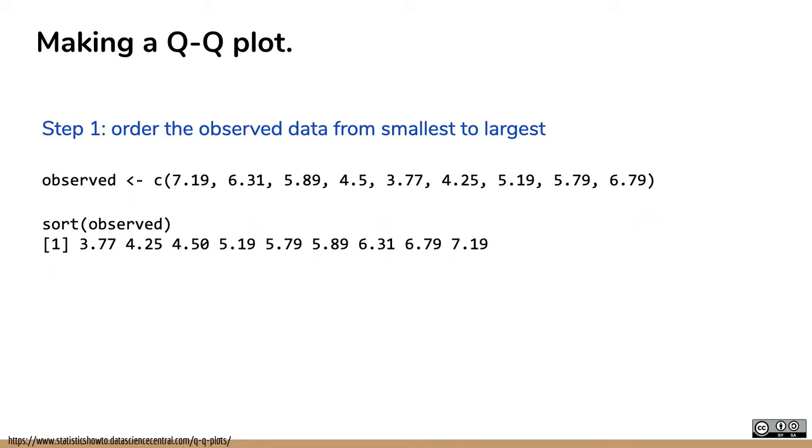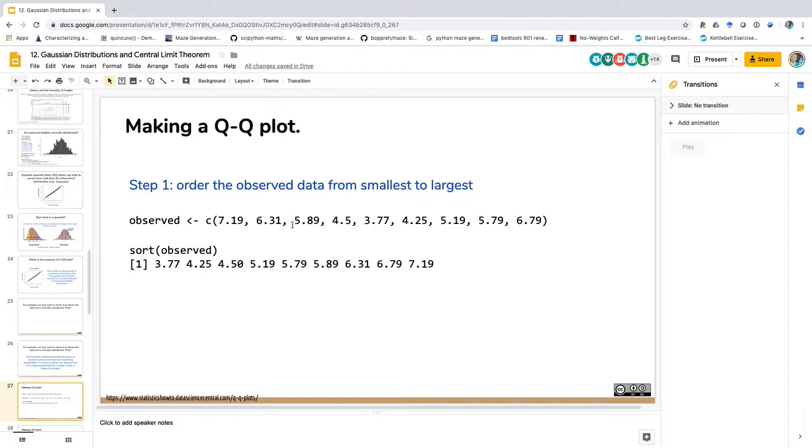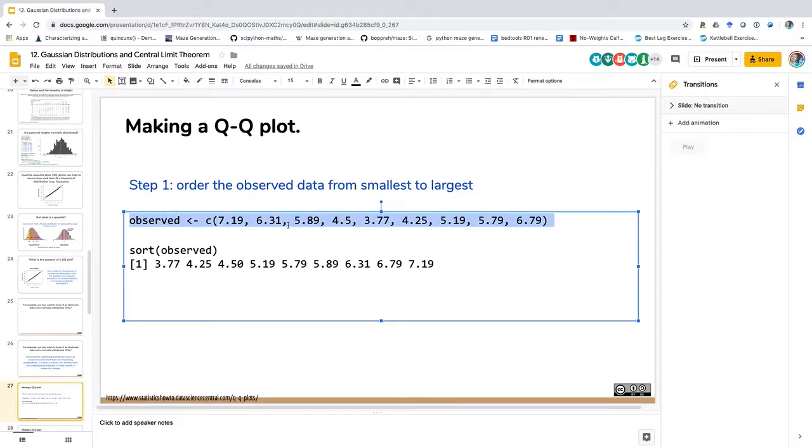Okay, so I created some toy data here. I don't know what they are. They're just numbers. We could pretend they're anything. Let's say they're heights in feet. It doesn't matter. But we've got 9 observed values. I'm going to toggle now between R and my slides. So I'm going to load up this data set.